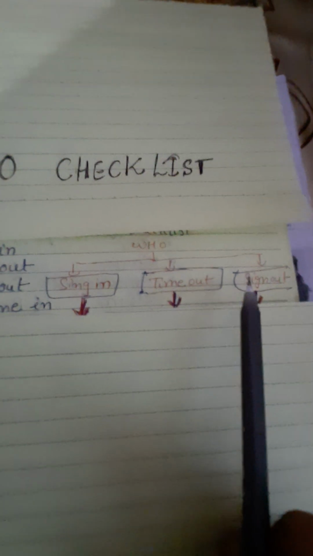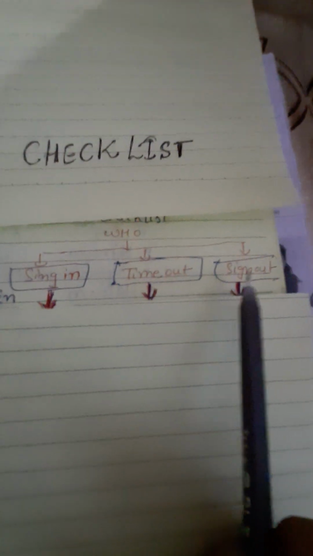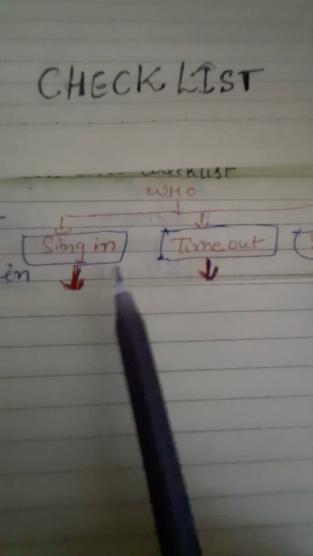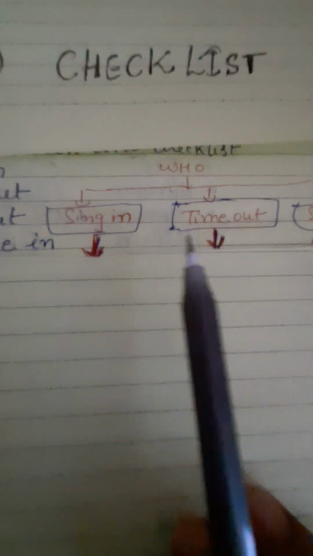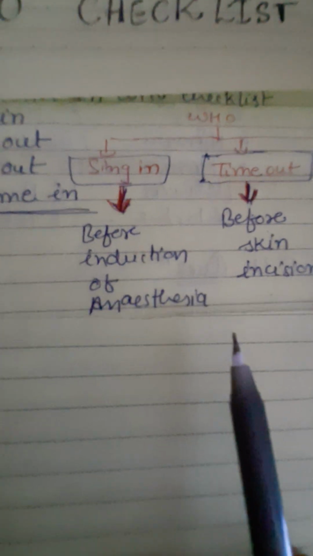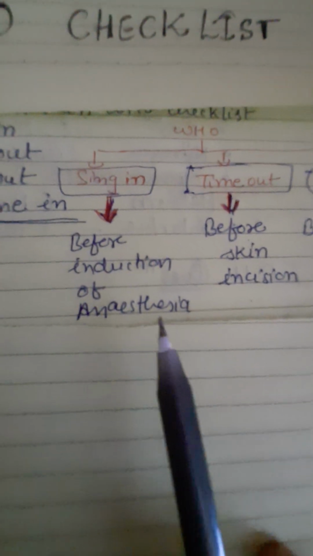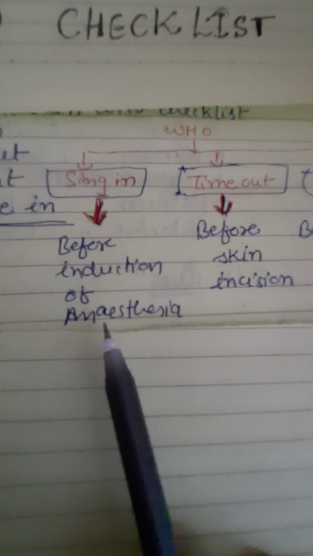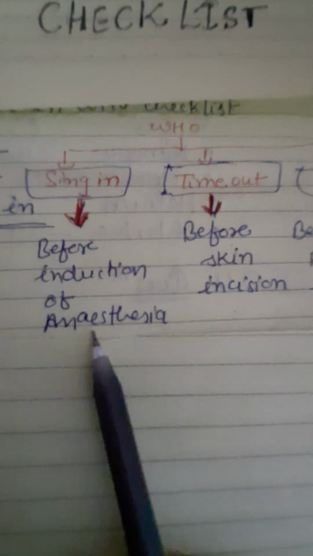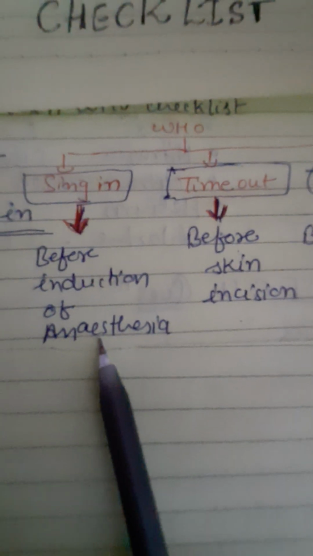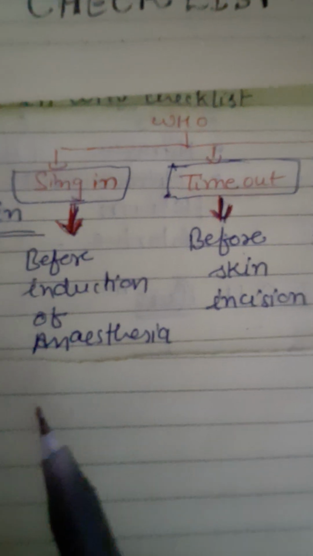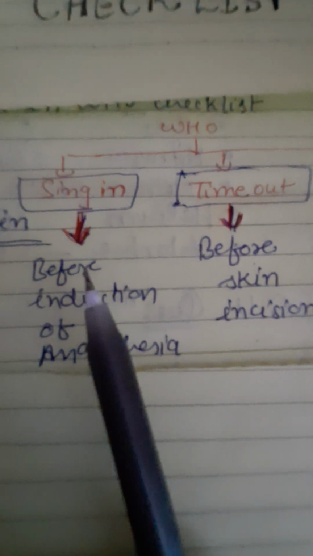So what is in the sign in, time out and sign out? Sign in is before induction of anesthesia: when the patient is shifted to the OT, till the anesthesia induction period, whatever checklist we have to follow goes into the sign in.